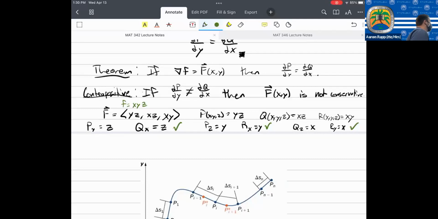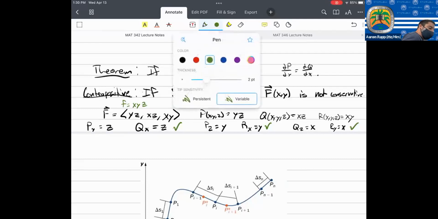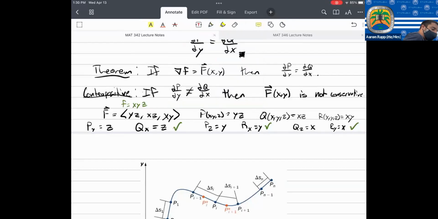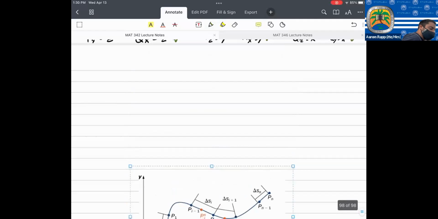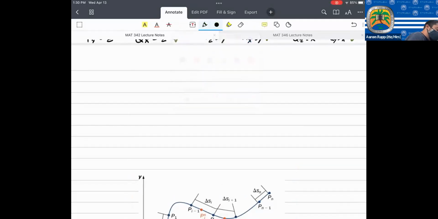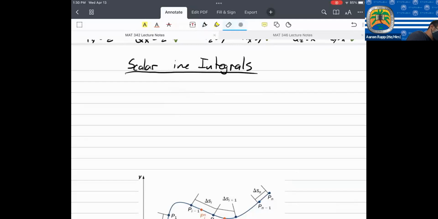All right, so whether or not we're working over a vector field or just a nice little standard domain in R2 or R3, one thing of interest is something called scalar line integrals.